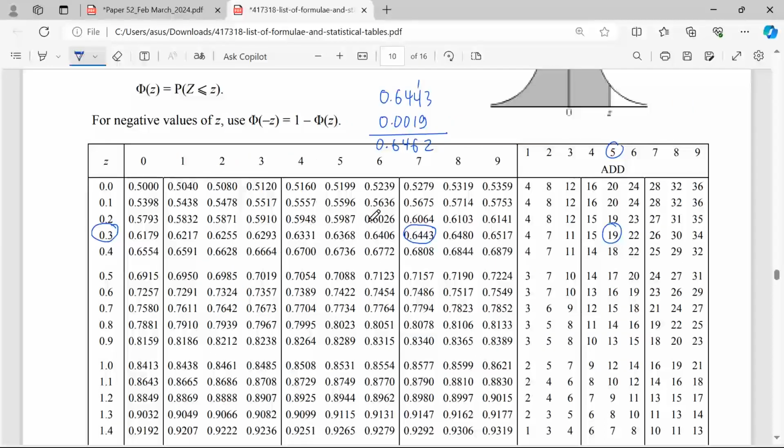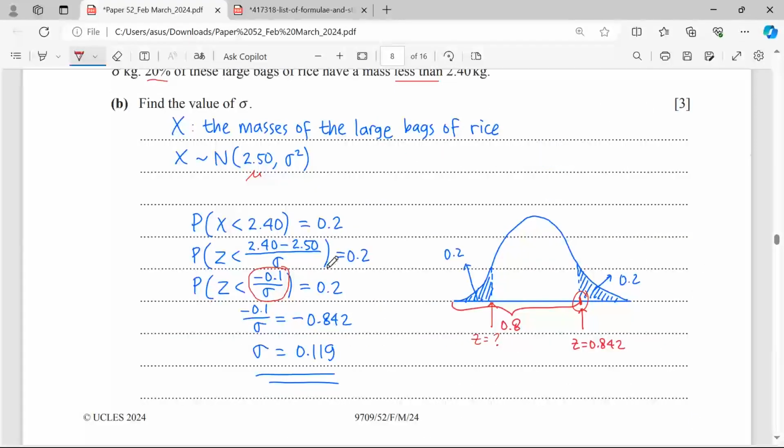If you take a look here, 0.8 is actually from the following. This is the closest one, 0.7995, but you have to add 5 here. So that means 0.842, 0.842, and you get like this. And don't forget to include the negative sign, because this is the negative value.